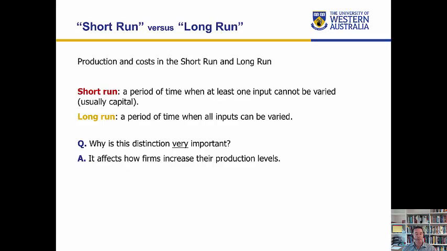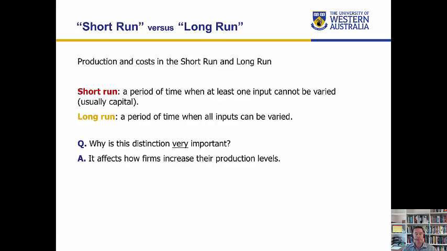However, if we're dealing with the long run and a firm experiences an increase in demand, then the firm has the option, though it won't necessarily do this, of increasing both labour and capital. So you can imagine that there would be very different price dynamics going on when you, A, can just increase production by increasing labour, versus B, increasing production by increasing both capital and labour.